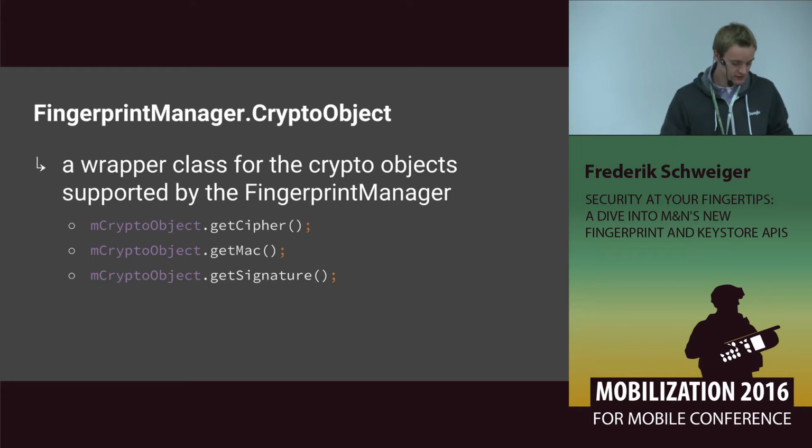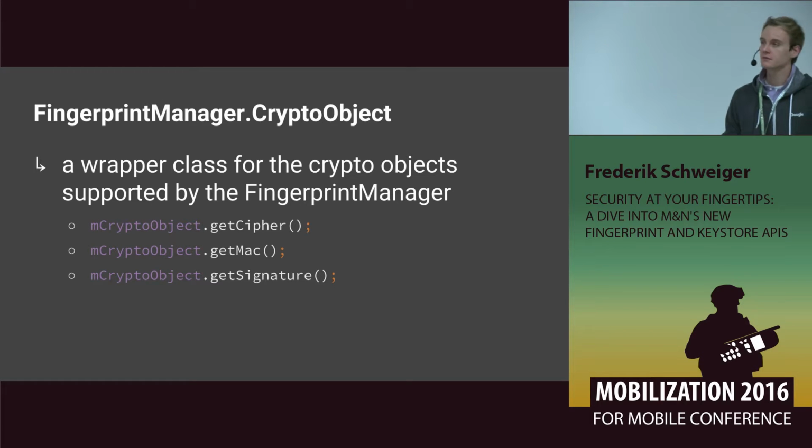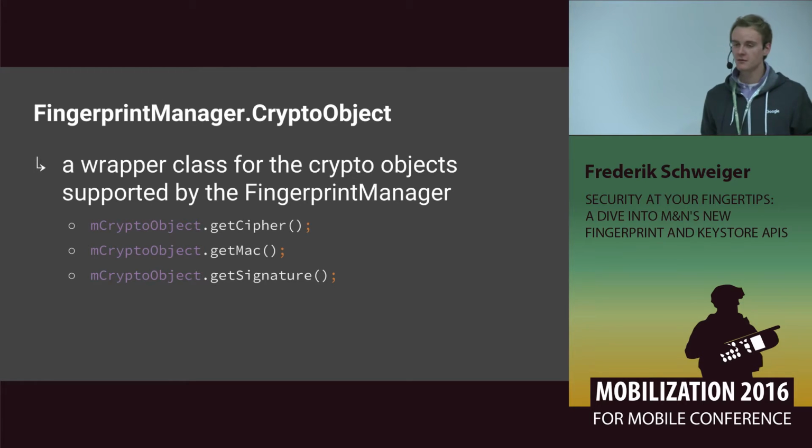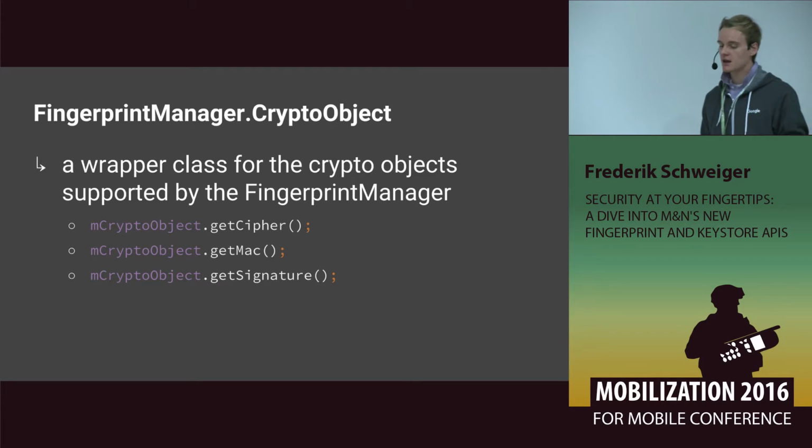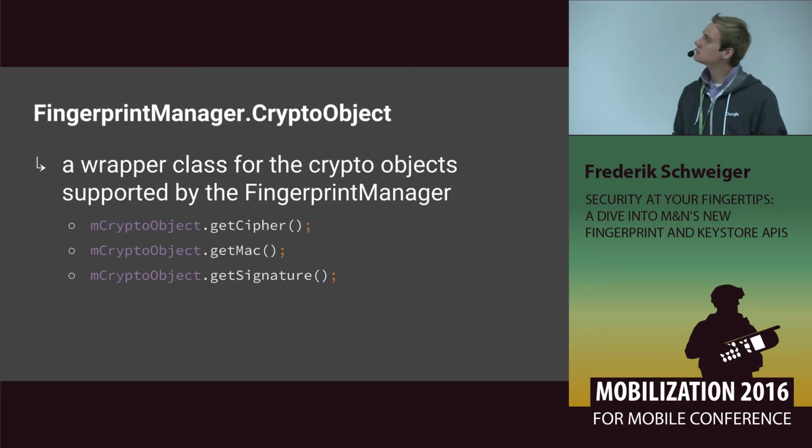The crypto object is just a wrapper class for the crypto objects supported by the Fingerprint Manager. As you can see, it only has 3 public methods: get cipher, get MAC, or get signature.